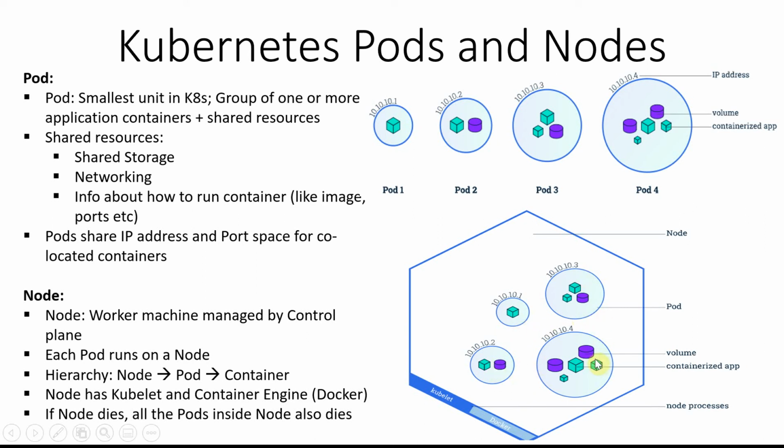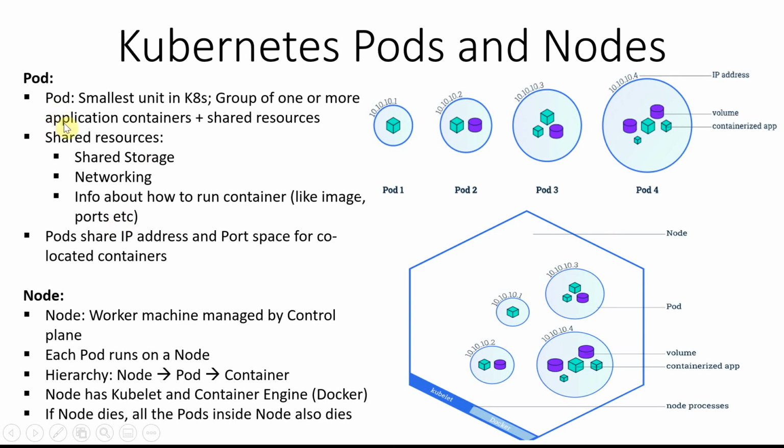In our sample, Helloworld is one pod, but let's say you want to deploy one more pod, or a database, for example. You can deploy that as another pod, and both can reside in a node. I'm just giving you a diagrammatic view so that you can understand what is happening behind the scenes. Any questions, please ask.